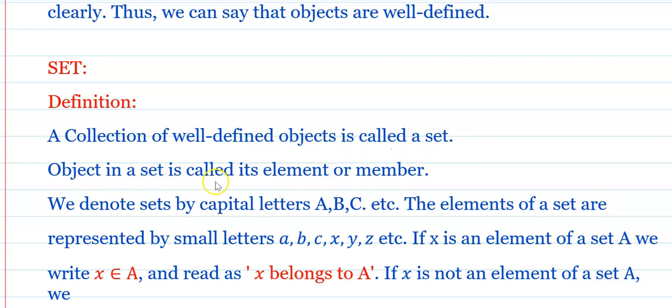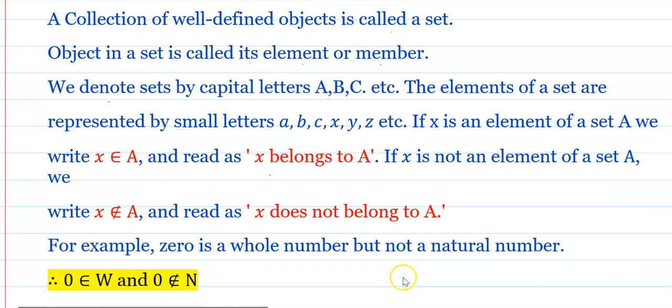An object in a set is called its element or member. We denote sets by capital letters A, B, C, etc. The elements of a set are represented by small letters a, b, c, x, y, z, etc. If small x is an element of a set capital A, we write x belongs to A and read as x belongs to A. If x is not an element of a set A, then we write x does not belong to A and read as x does not belong to A. For example, 0 is a whole number but not a natural number.